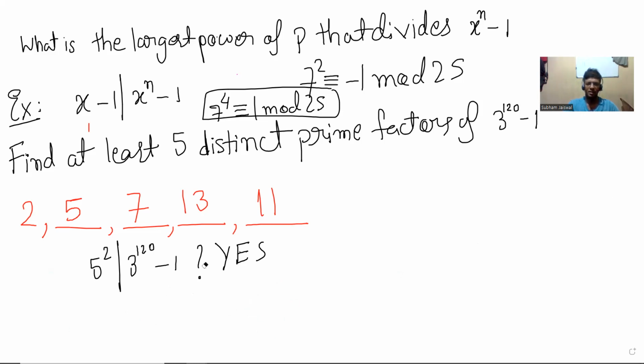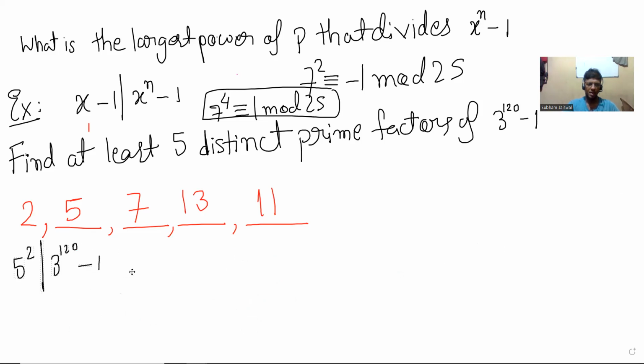So let me keep it like this, and also a little bit more I'll write, which may help us to compare. But let's just keep it there, and let's just do the same thing for 7. Let's calculate. Okay. So yeah, same question.